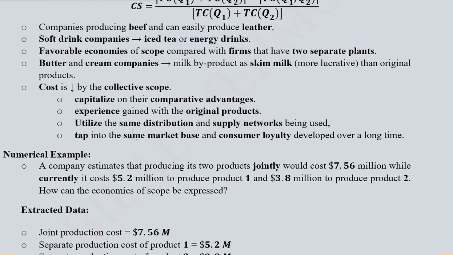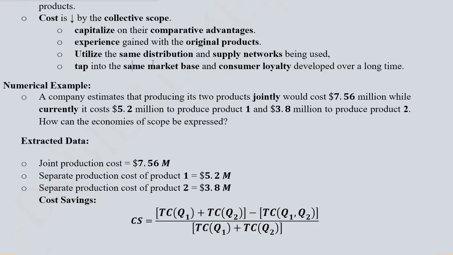And the same market base and consumer loyalty that has already been exploited before can be exploited for the new product. So marketing and finding the consumer will not be any serious issue when it comes to producing newer, similar goods to gain from the economies of scope. Now all of it can be quantified with the help of this numerical example.